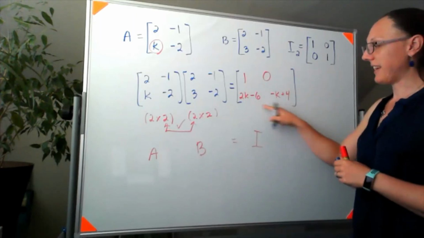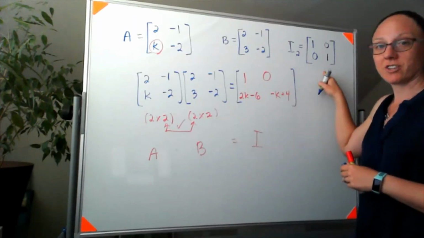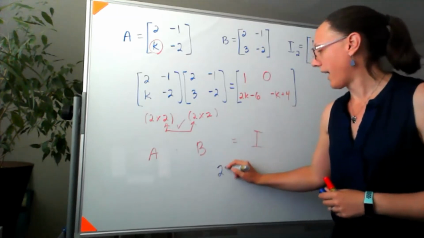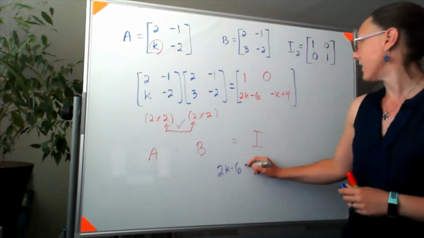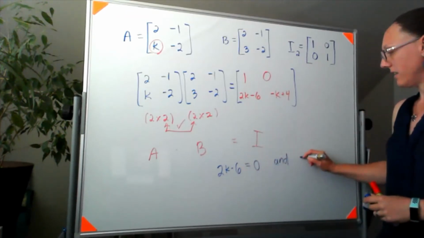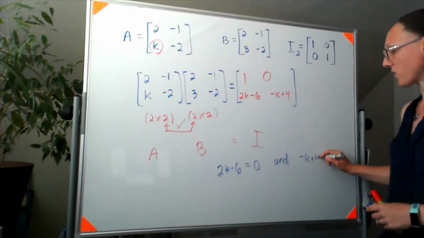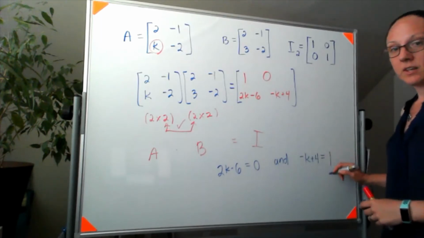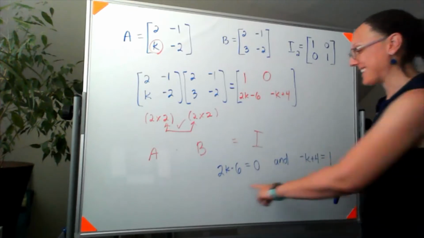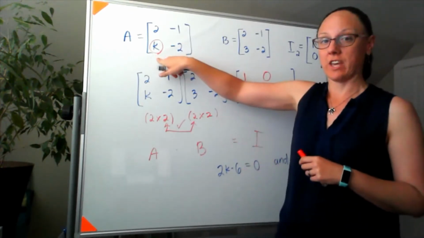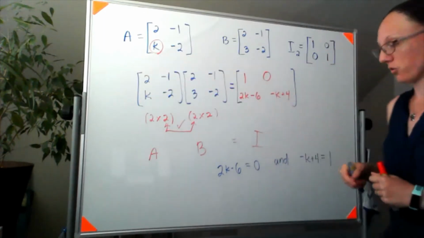So if this answer is going to match this answer, then that means that 2k minus 6 would have to be equal to 0, and -k plus 4 will have to be equal to 1. So these two have to give us exactly the same solution. Otherwise, we would say there is no such k to make this true.